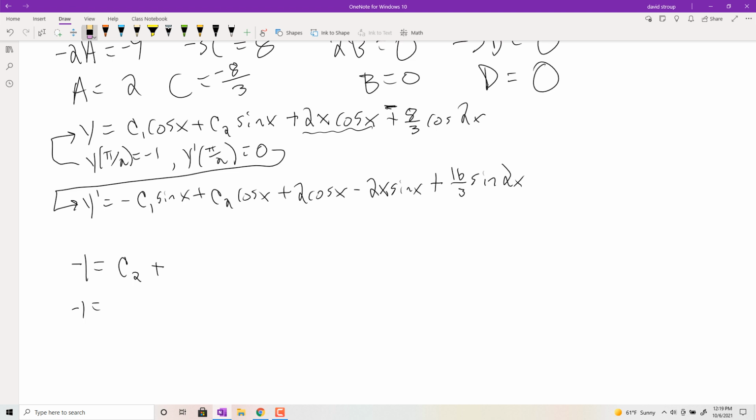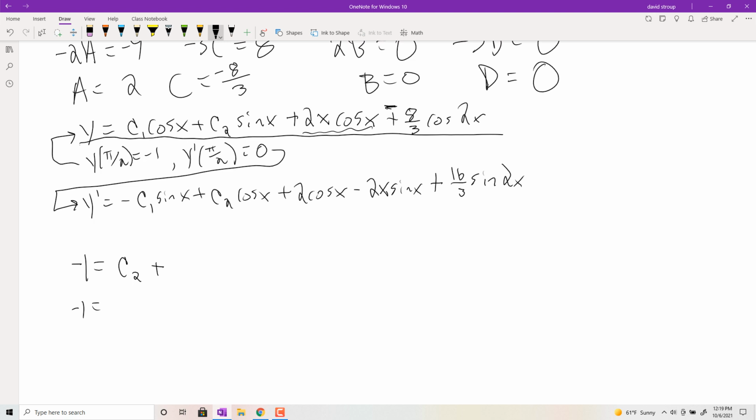Anyways, plugging in then with the appropriate sign, plugging in pi over 2. Cosine of pi over 2, the first term will be 0. The second term, sine of pi over 2 is 1, so you just get C2.